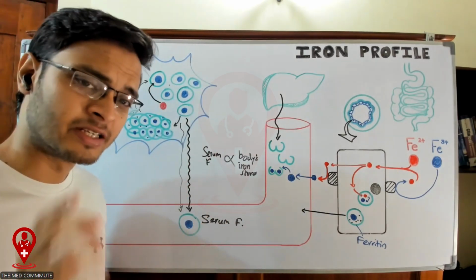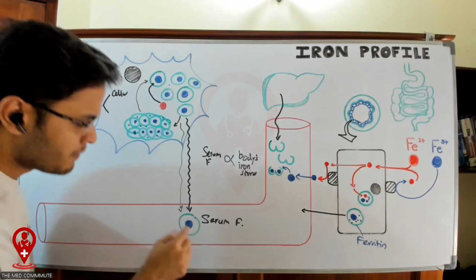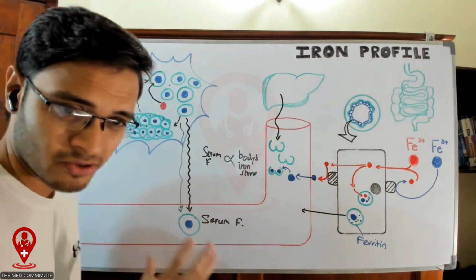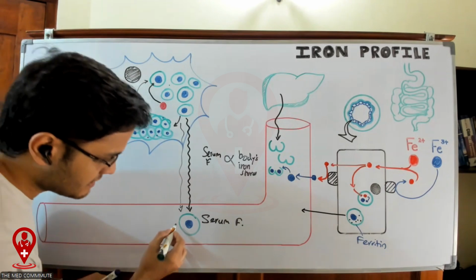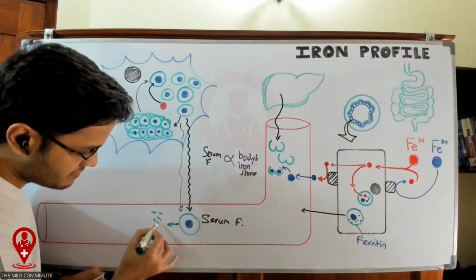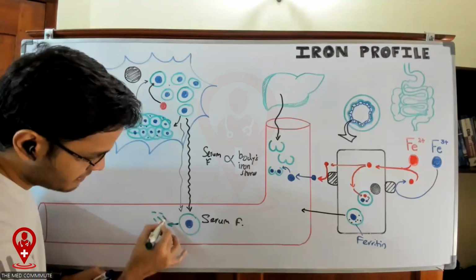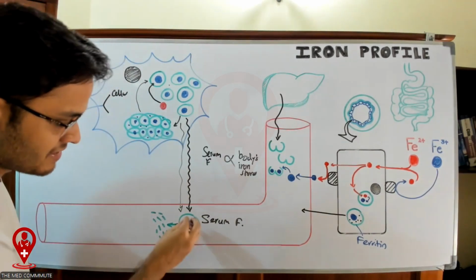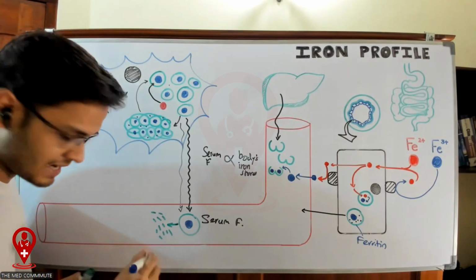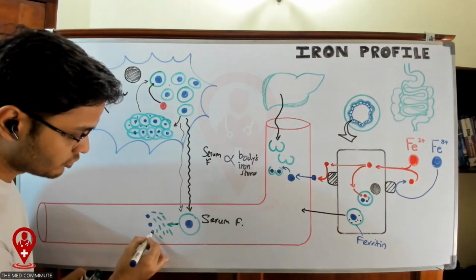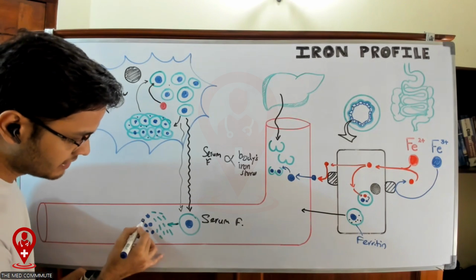So now you all are familiar with the term serum ferritin as well. The important thing I want you all to understand about serum ferritin, guys, is that once it comes into the blood, it has the ability to disintegrate. What do I mean by disintegrate? This outer covering will be broken down, and then the ferric ions that were inside will be released. We said each ferritin molecule can hold 4,000 to 5,000 ferric ions.